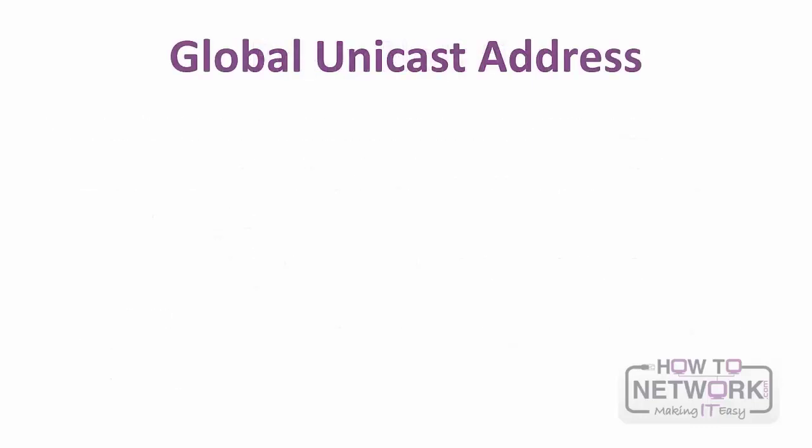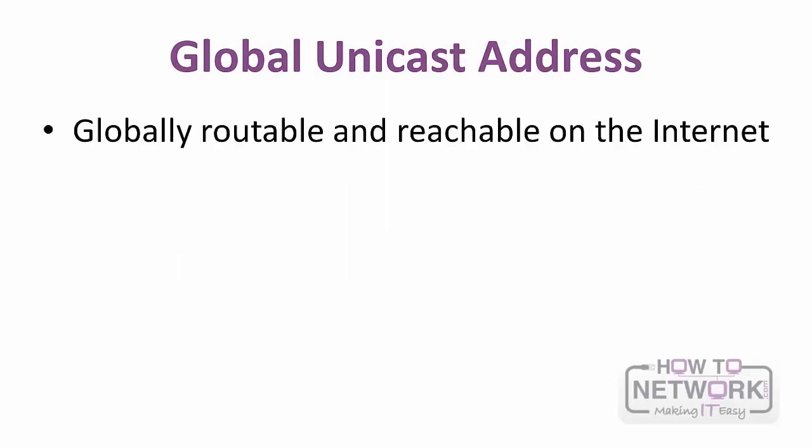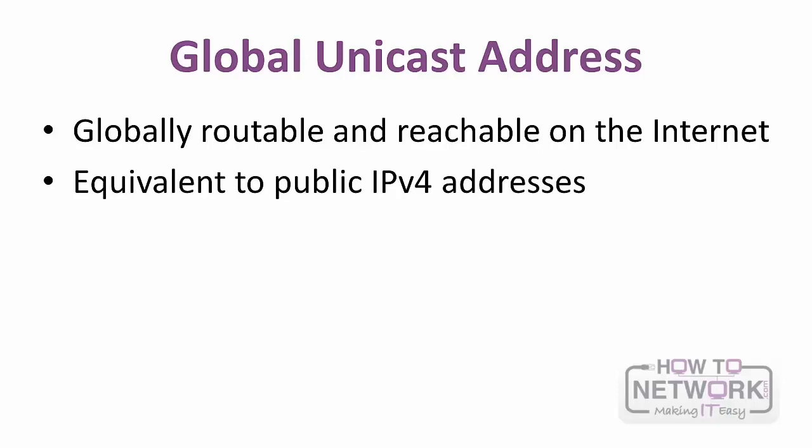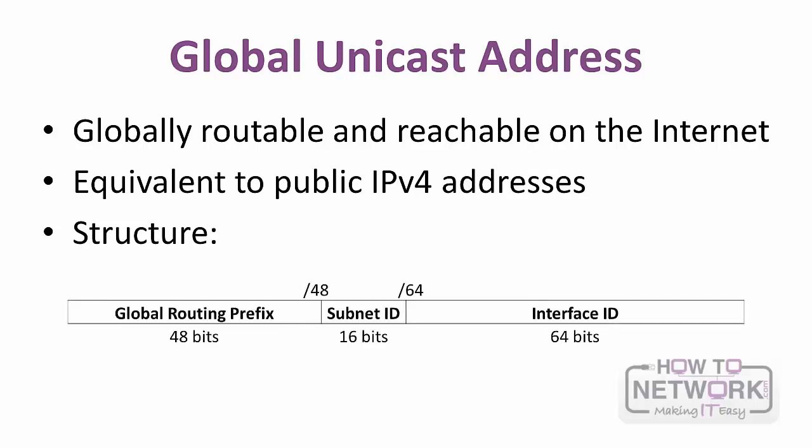The following slides examine the basic structure of a global unicast address. These are the addresses that are globally routable and reachable on the IPv6 Internet. They are equivalent to public IPv4 addresses. This is the structure of a global unicast address for a typical site.